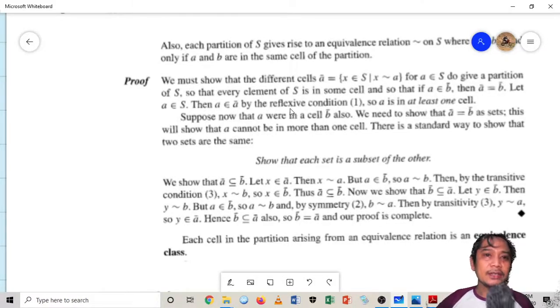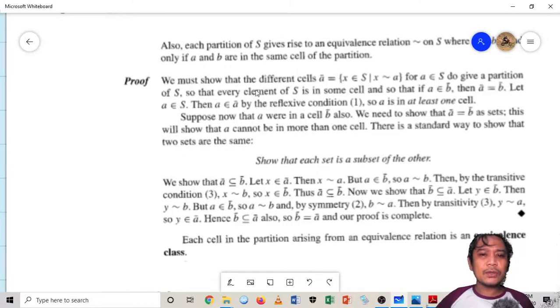So there are two assertions. An equivalence relation partitions. In addition, a partition makes an equivalence relation. Okay? Sige. Let us discuss the proof.